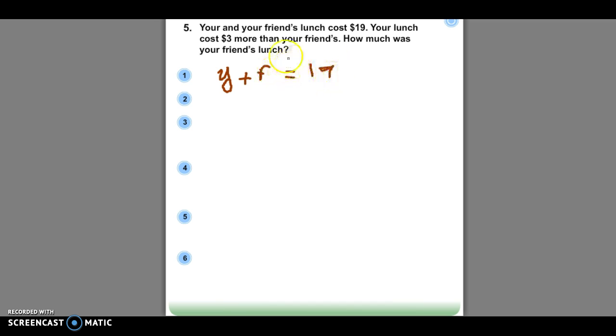Now, one piece of information they gave us is that your lunch costs $3 more than your friend's lunch. So your lunch here is going to be $3 more than what your friend paid. So this is you right here. Your lunch is $3 more than your friend's, plus also you still have your friend's lunch.